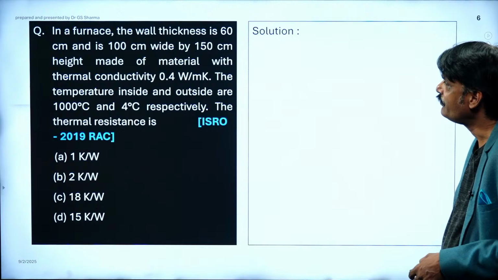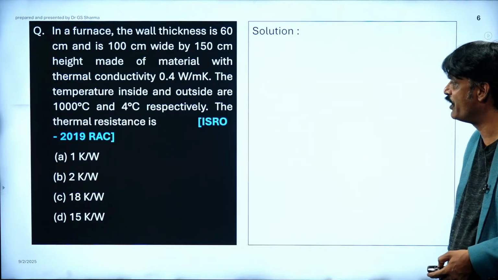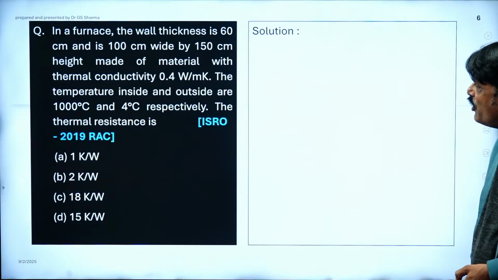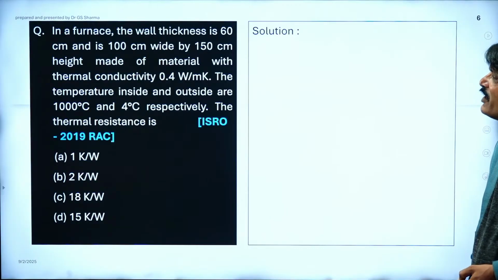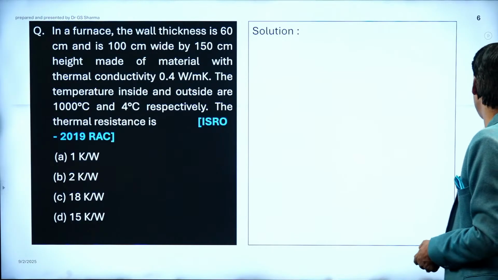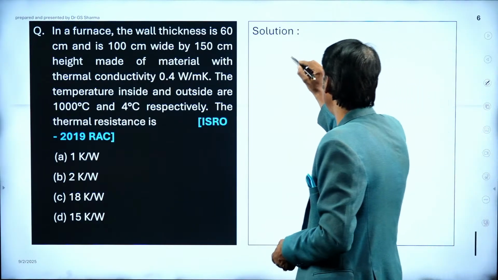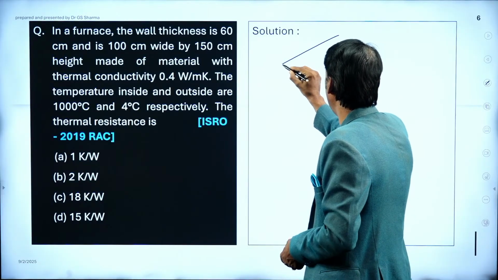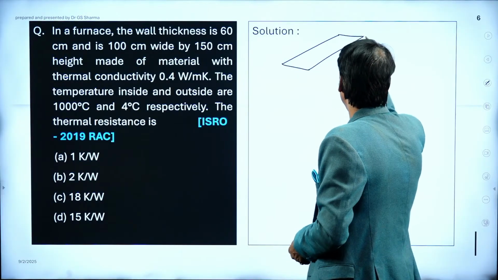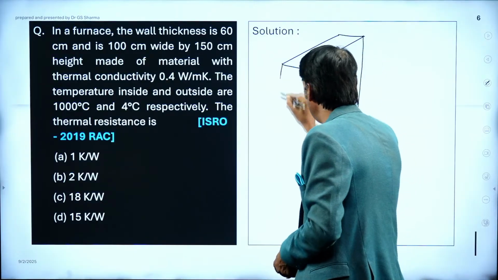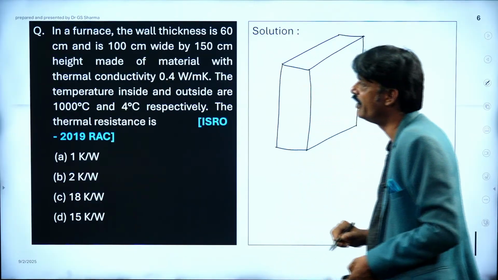If you look at the next question, this was asked in 2019. In a furnace, the wall thickness is 60 centimeters, and it is 100 centimeters wide by 150 centimeters height. He has not specified the geometry, but as they are giving dimensions, I assume it is a plane wall. If it were cylindrical geometry, they would have specified.